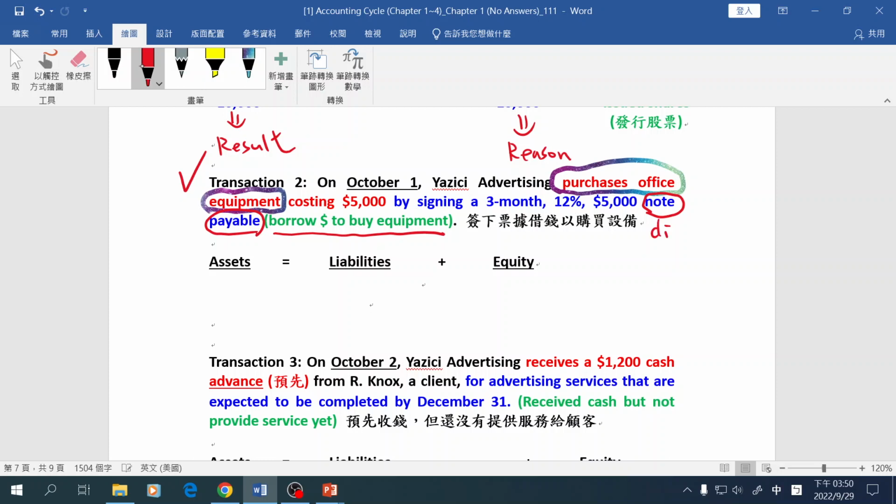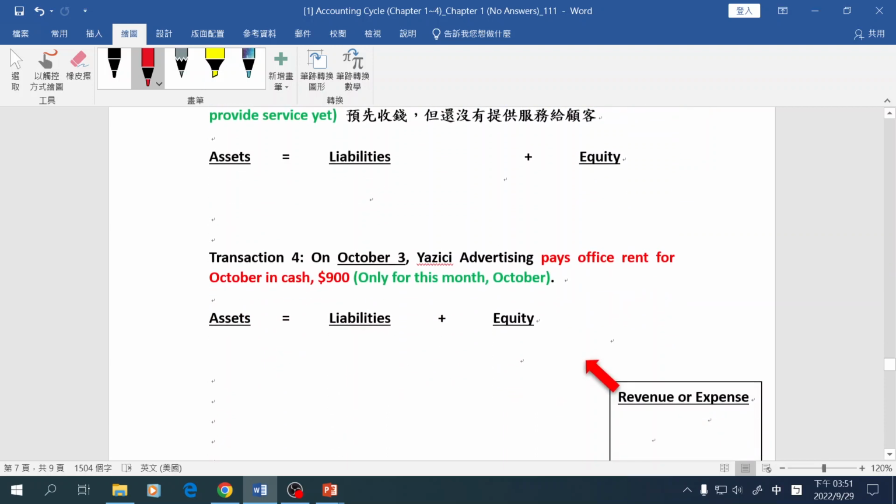You didn't pay. Okay? So please finish transaction 2. If you forgot to bring your notes, please take a picture.